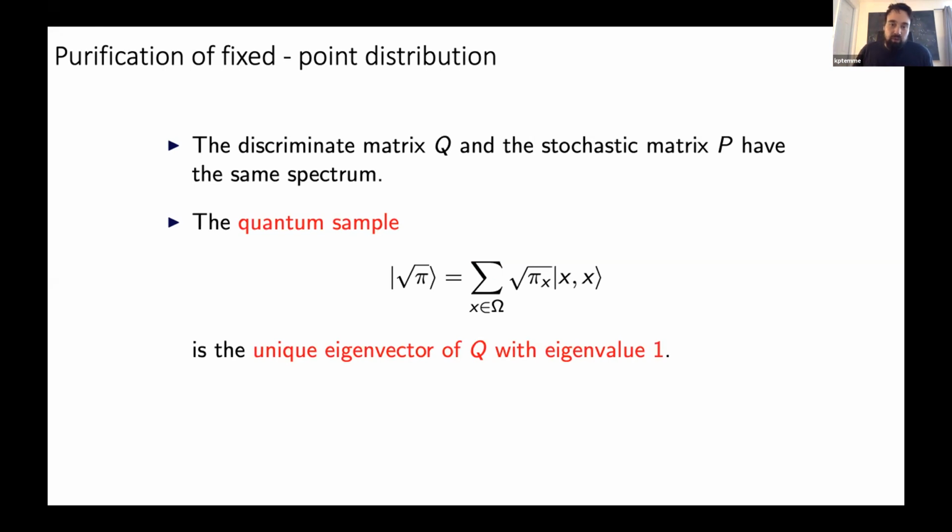The goal is to prepare, or reflect about, a quantum sample, which is essentially just the square root of all your distributions. So if you were to just measure one of those registers, the first x or the second x, you would sample x according to pi x, right? And by that similarity transformation, it happens to be the eigenvector of Q with eigenvalue 1, from left and right.